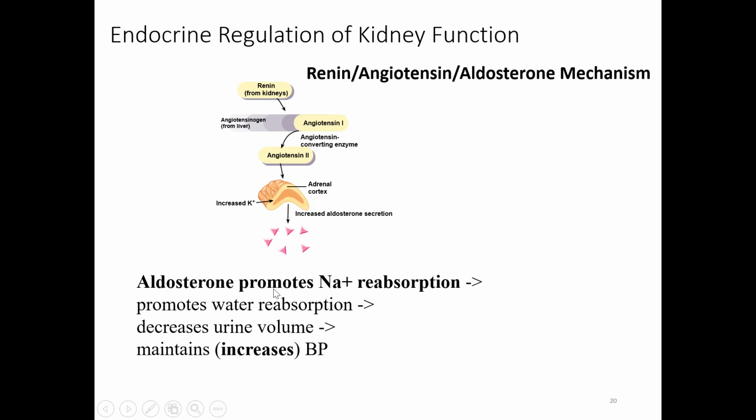And aldosterone is a hormone that promotes sodium reabsorption. When sodium is reabsorbed in the tubules, it promotes water reabsorption from the tubules back into the blood. It means it decreases urine volume, water stays in the body, blood volume increases, and that increases blood pressure.